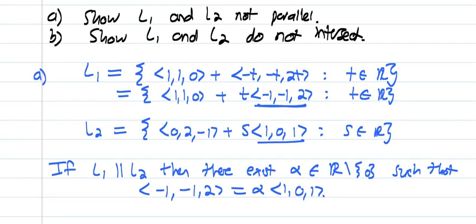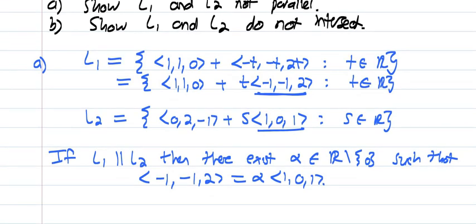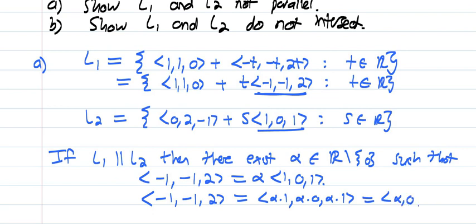Because this is a definition. If the two lines are parallel, this had to be true. And this becomes alpha times 1, alpha times 0, alpha times 1, which becomes (alpha, 0, alpha).